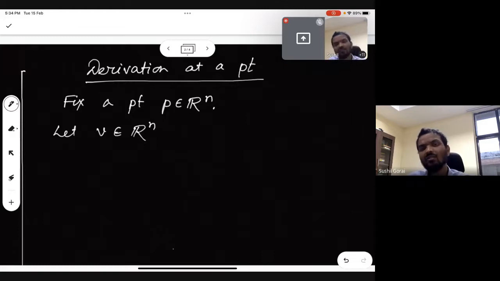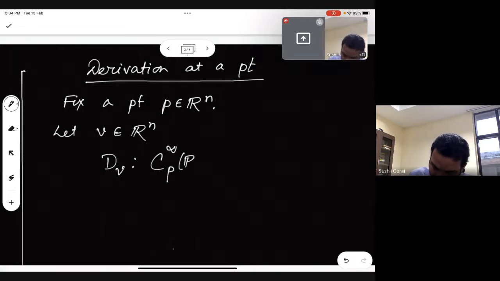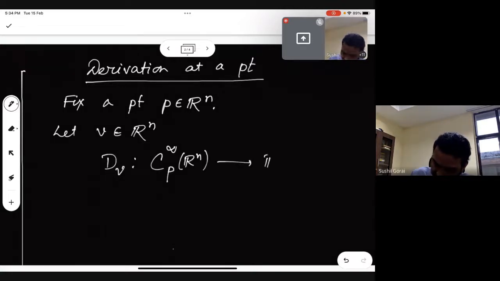The zero vector gives you zero, definitely, but corresponding to D_v, it would act on C infinity germs at P from R^n to R. So v is (v1, v2, ..., vn).